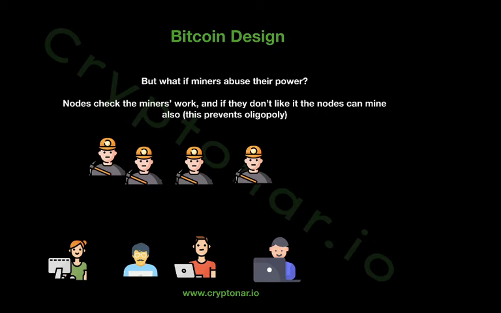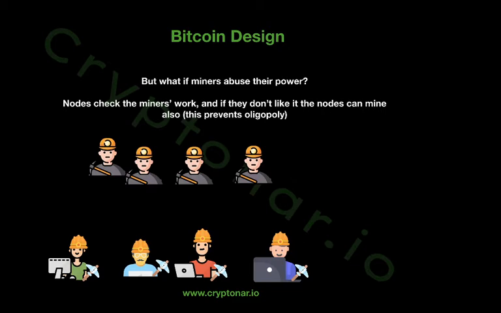And the cool thing is that the other nodes can check the miners because the protocol is open. So if they don't like their job, well, they can go to work and they can become miners too at the end.